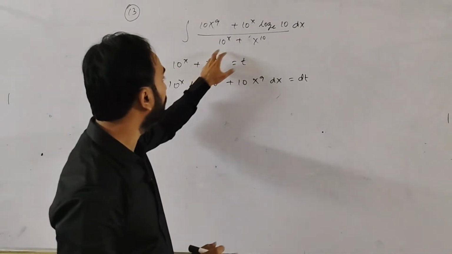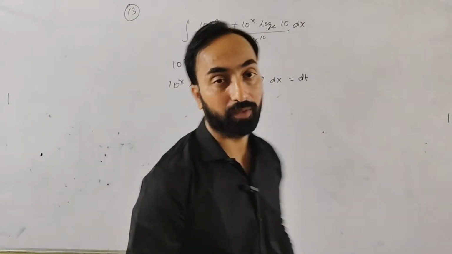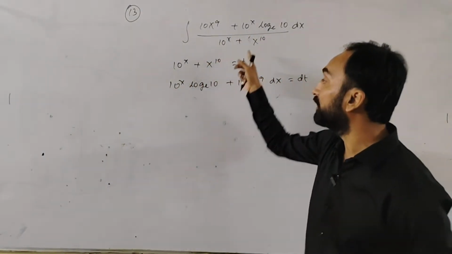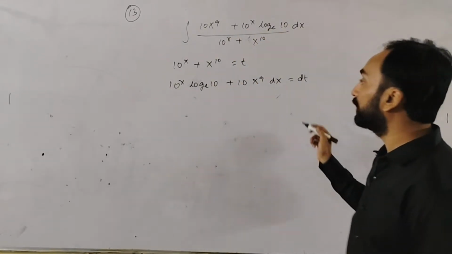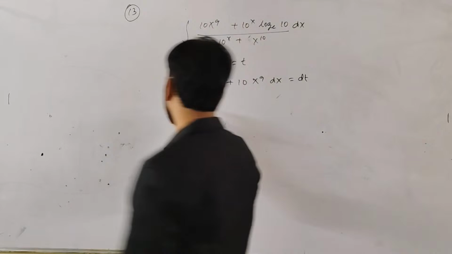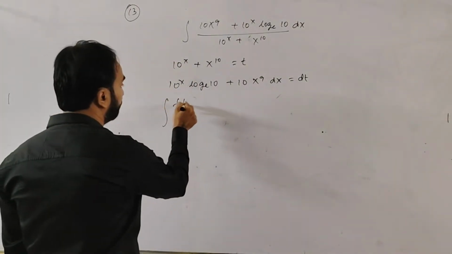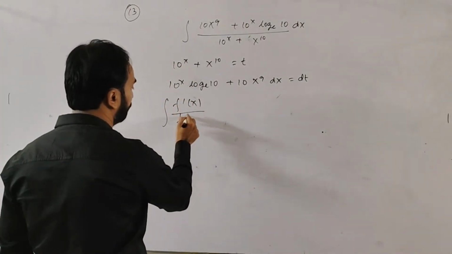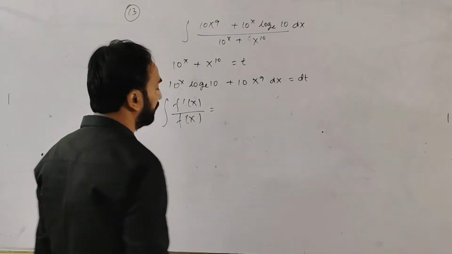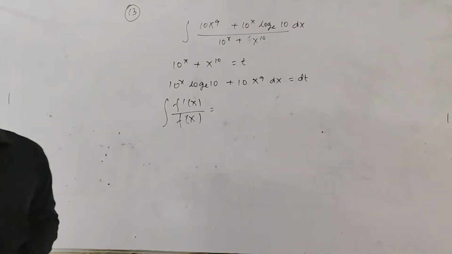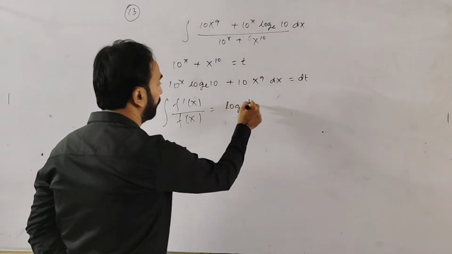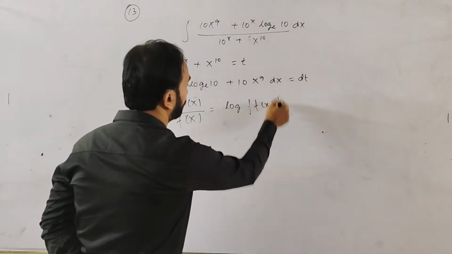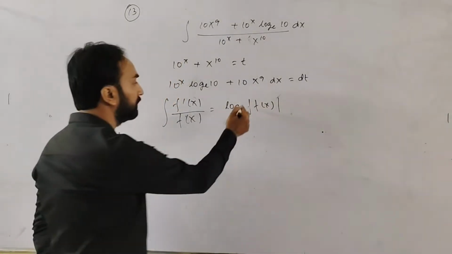If you see it, when we have taken the denominator as t, the derivative of it is in the numerator. So we know one of the properties that if we have this kind of integral, f dash of x divided by f of x, then we can write it as ln f of x, correct?